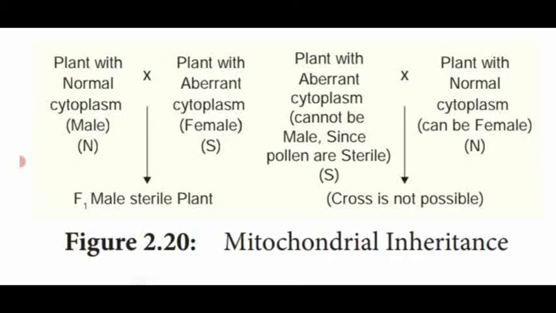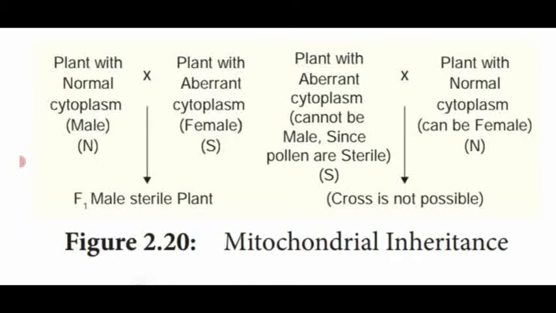Only the stigma with gynoecium is activated. The male sex organ is also present in the same flower, but that male flower is sterile. So the transfer of pollen grains takes place from the normal cytoplasm plant to the aberrant cytoplasm female. That is the first one. So all the F1 produce male sterile plants. See that one, they also denote the female parental character.